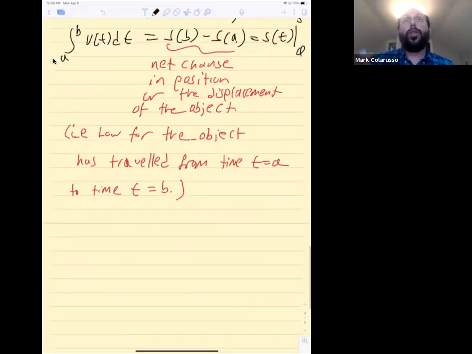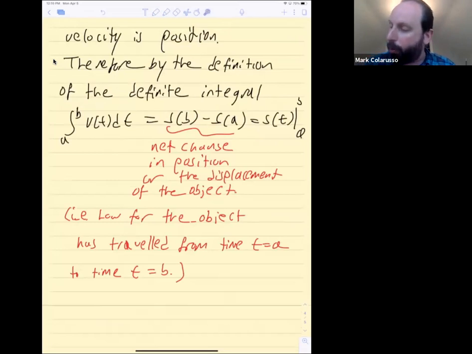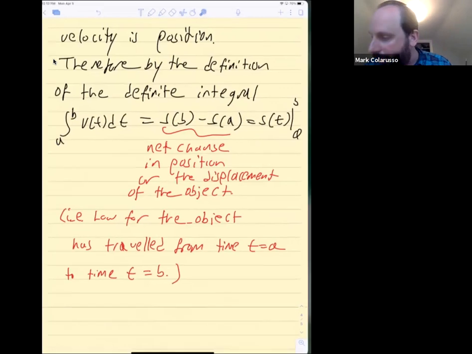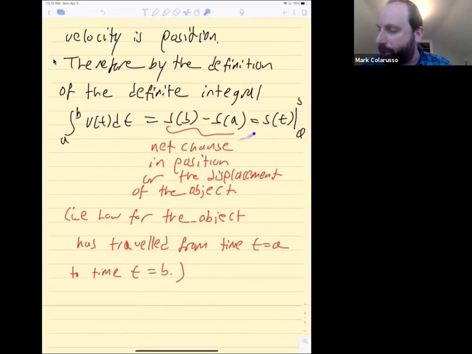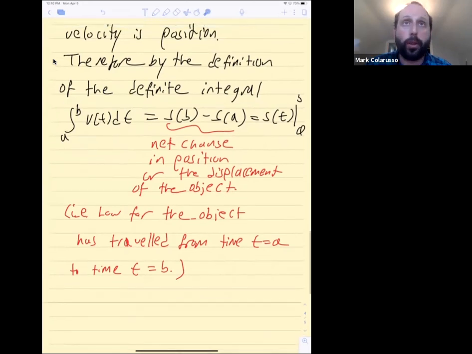Okay, and what we're going to see is that if we know the velocity, using this definite integral tool we can get the distance the object travels from time t equals a to time t equals b. And this definite integral, we can compute by computing antiderivatives, like using the reverse power rule and all these other things that we discussed in the last several videos.